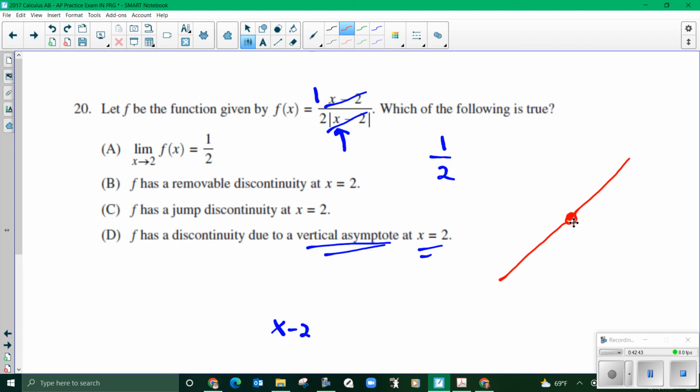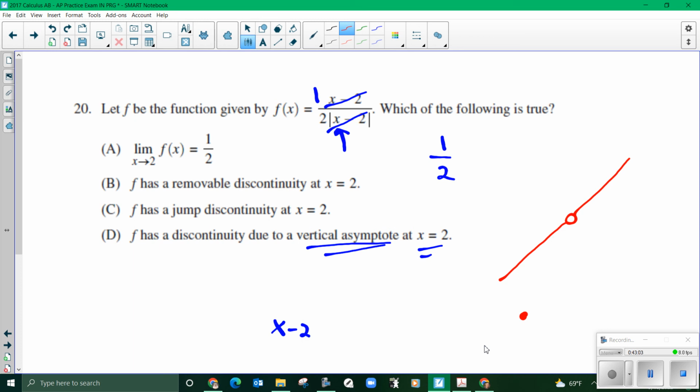Okay, that's the easiest way to remember it. If you cancel out something from the bottom that would have made it undefined, you take it out. You take out that point, and it becomes a hole. So a hole is a removable discontinuity.